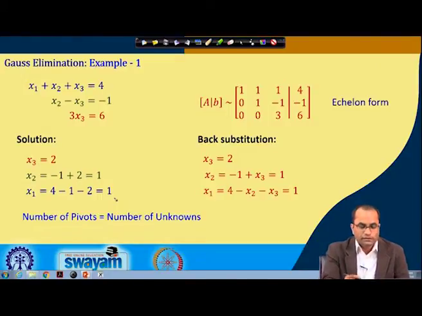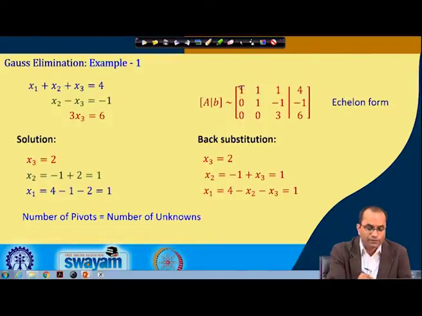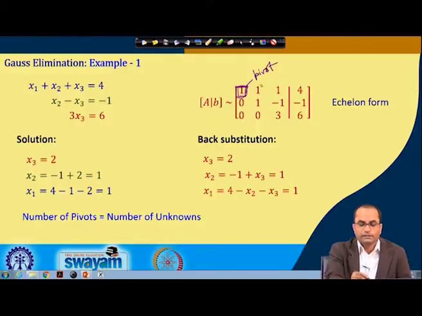But what we are now going to introduce is that these numbers here in this first row or first column are called the pivot element. The pivot element is always a non-zero element, and below this everything should be 0.